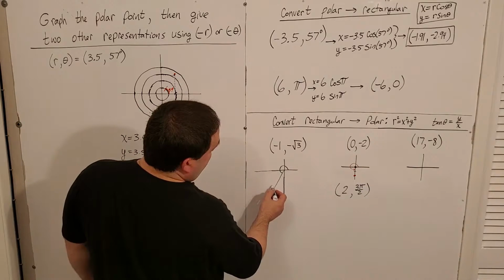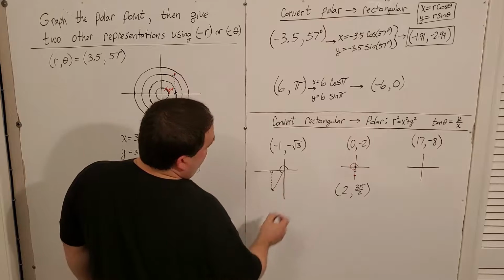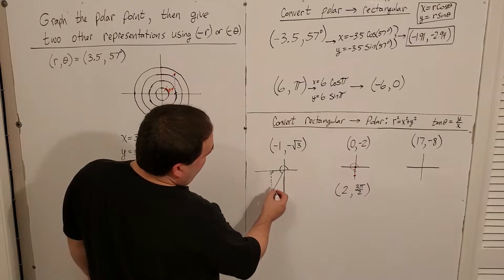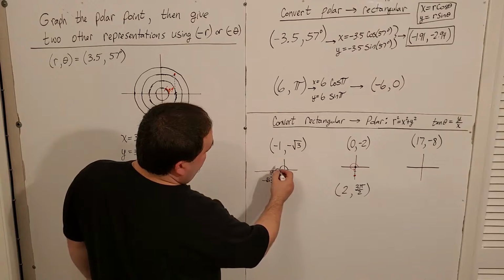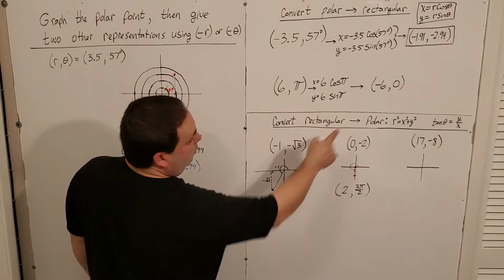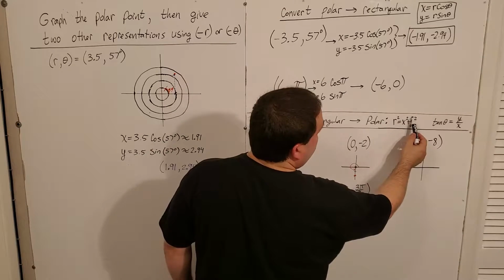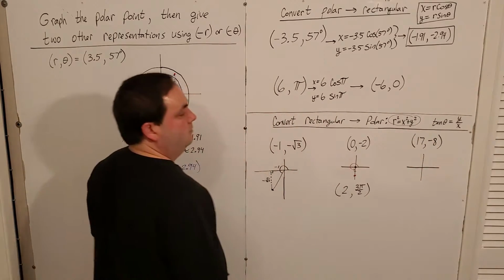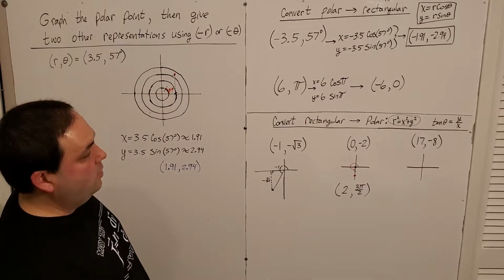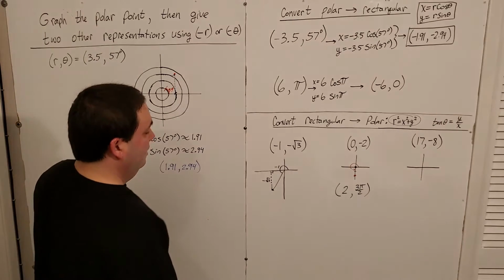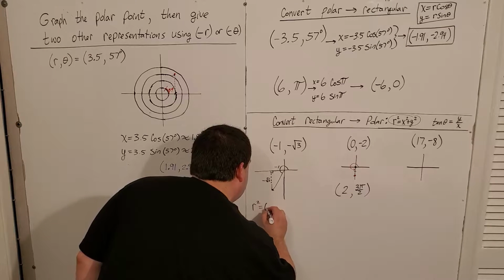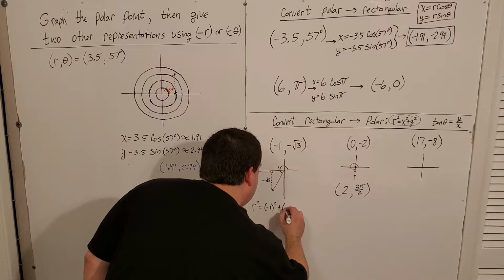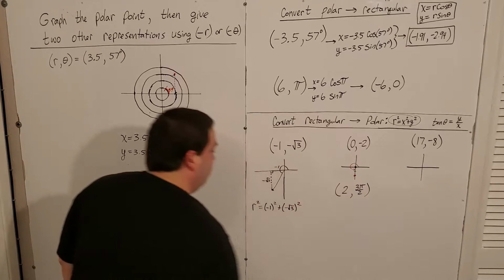and I've got my right triangle, right? The length of this right here is the negative square root of 3. The length right here is the -1. We already know how to calculate r, though, right? R squared is x squared plus y squared. So r squared is -1 squared plus negative square root of 3 squared.